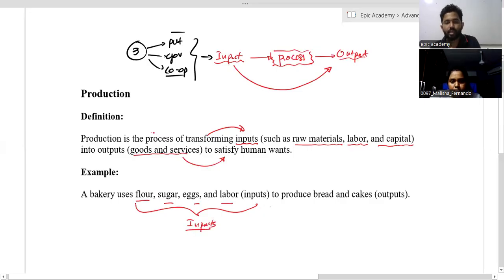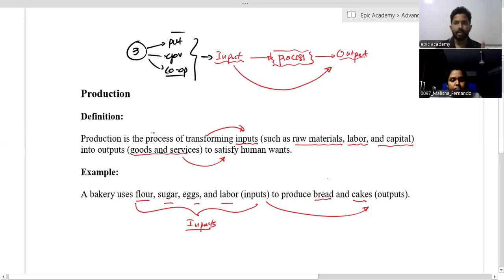Now you can convert all those inputs into output. What is the output? Bread and cakes. By consuming bread or cakes, you can satisfy wants. So this is the transformation. Changing the input into the output. That's the meaning of process.